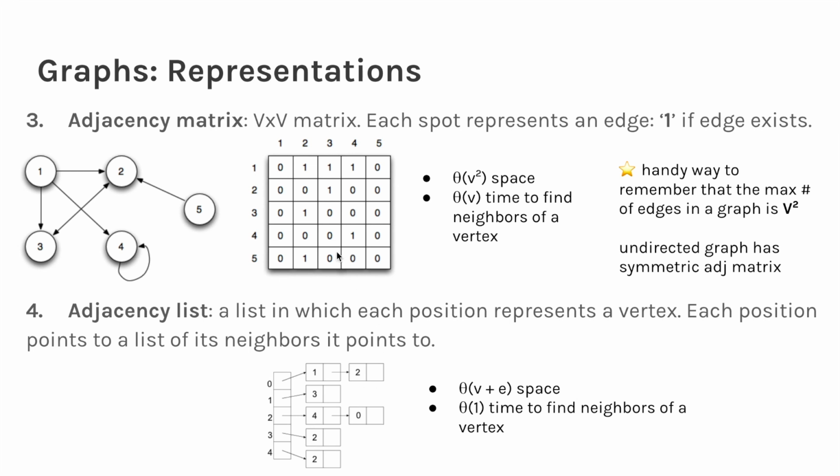Contrast that with an adjacency matrix where we put a 0. This depends slightly on exactly what operation you need to do, but if you just needed to return a list of all the neighbors of a vertex, you could do that in constant time because you just return the list that the vertex's position is pointing to.